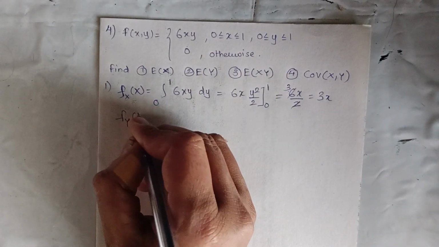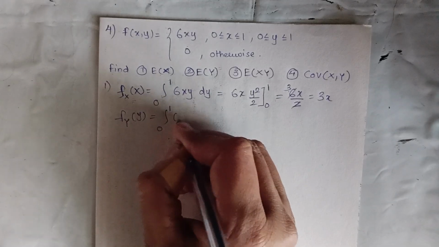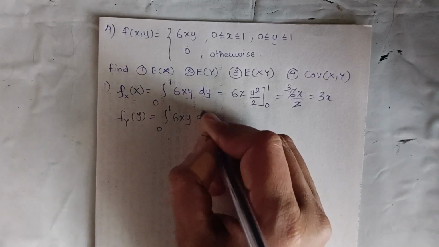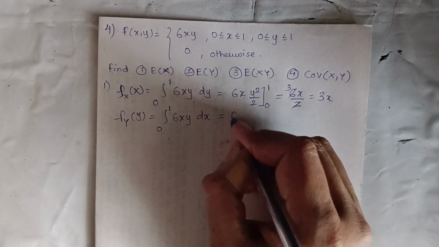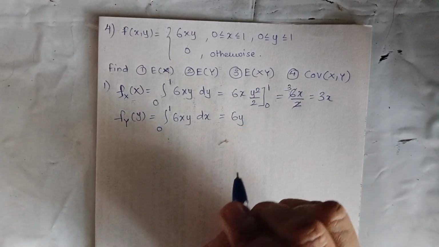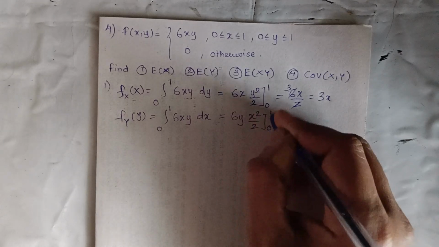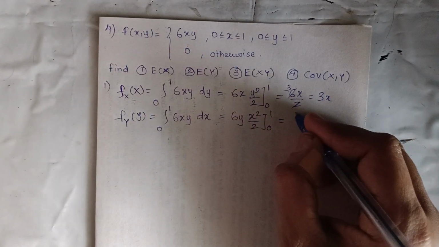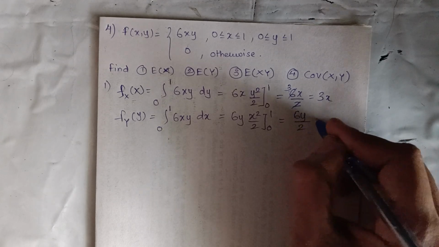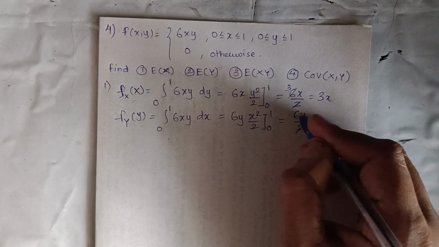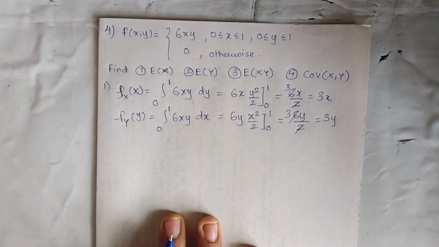Same way for y, 6y becomes constant, x square by 2. So 6 by 2, 3y. Okay.